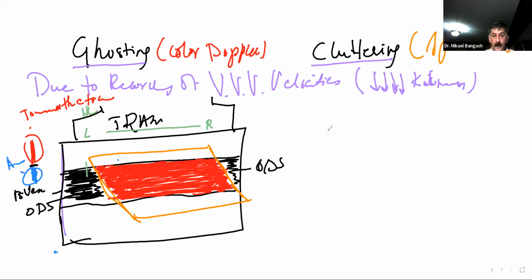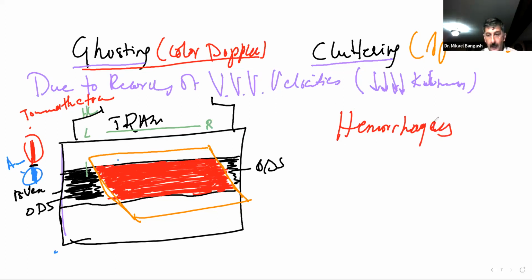That's what I mean by ghosting. I also explain what it looks like. I call it the hemorrhaging artifact, because it may actually look as if the blood vessel is hemorrhaging or bleeding.